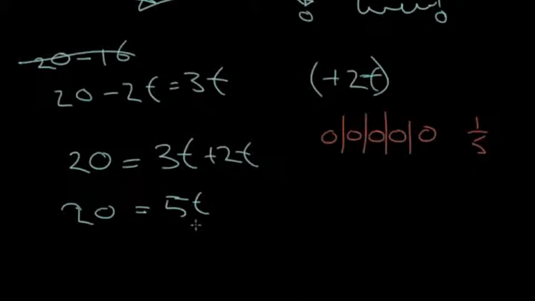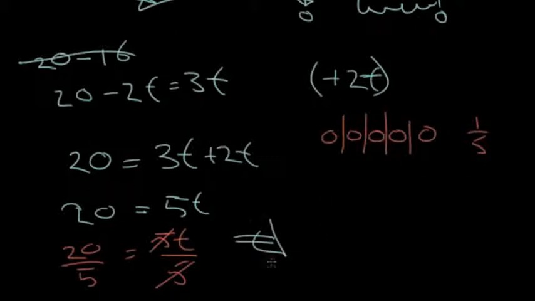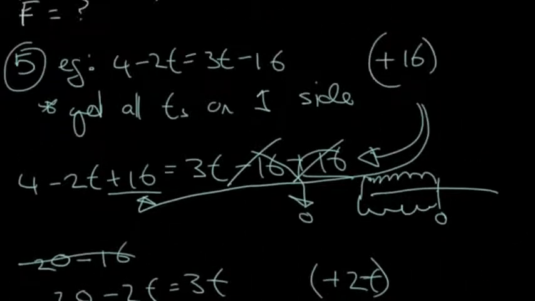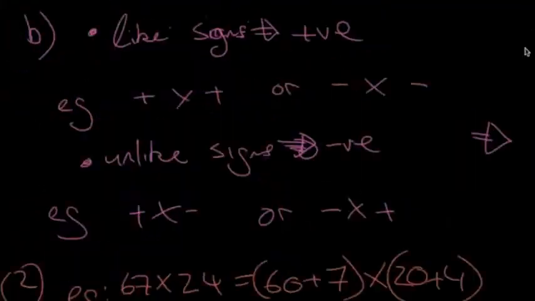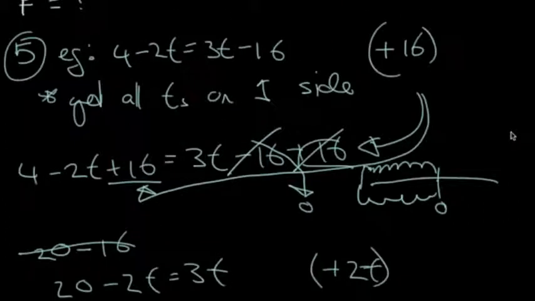So in doing that, we're saying 20 divided by 5 equals 5t divided by 5, and these 5s are going to cancel. What we have in the end is 20 divided by 5 is 4 equals t. So that was a pretty long-winded way of solving that equation, but in terms of solving equations, that's us looking at it.